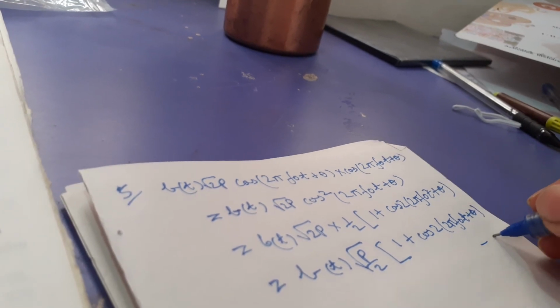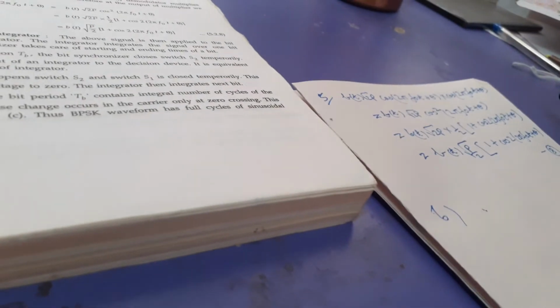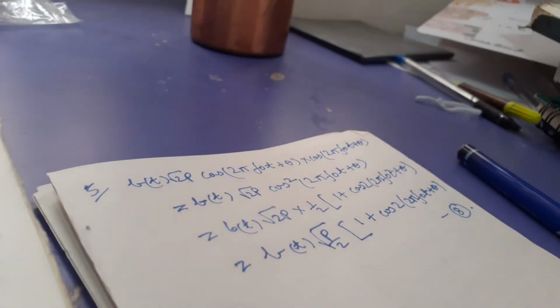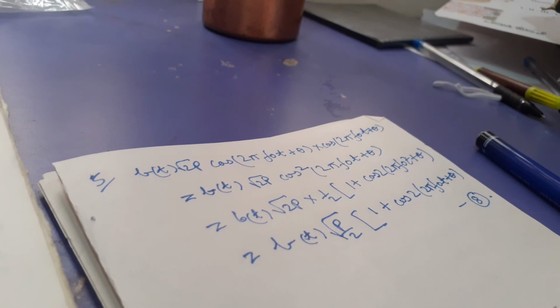Let this be equation number 8. Then we have a bit synchronizer and an integrator. So we will go into it further.